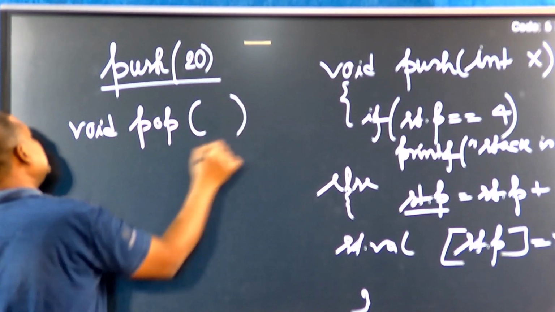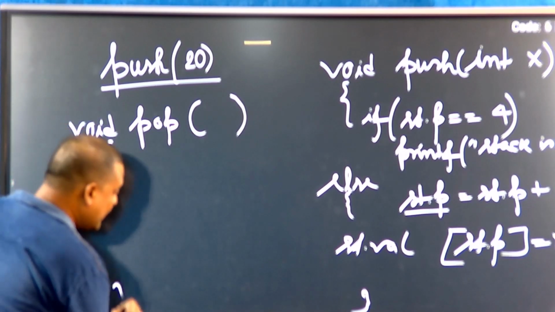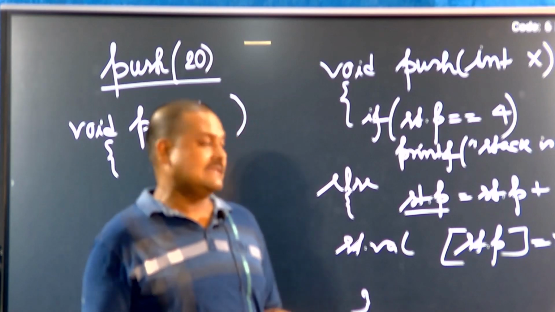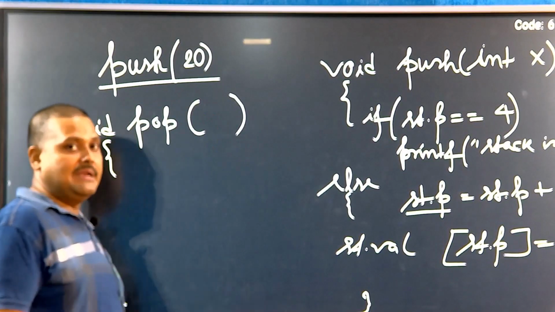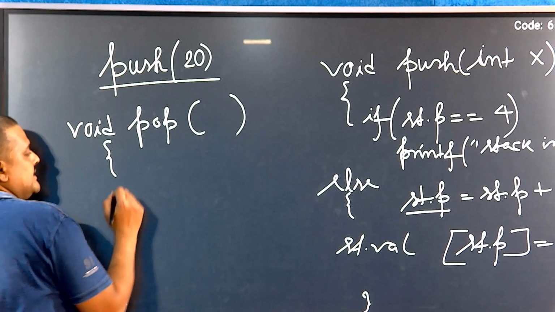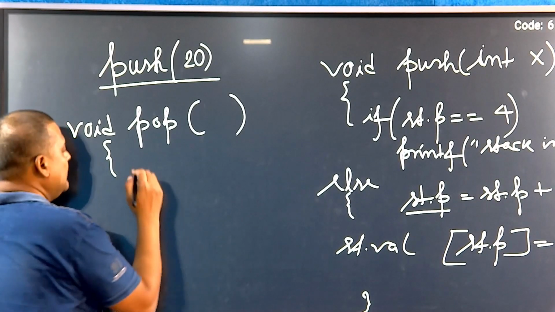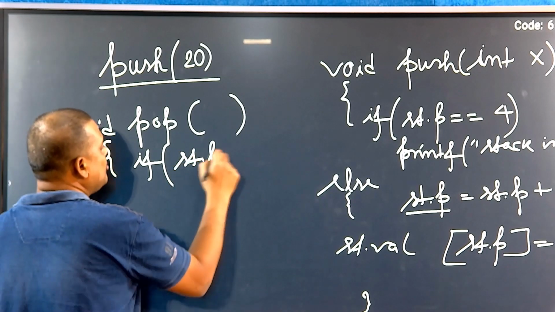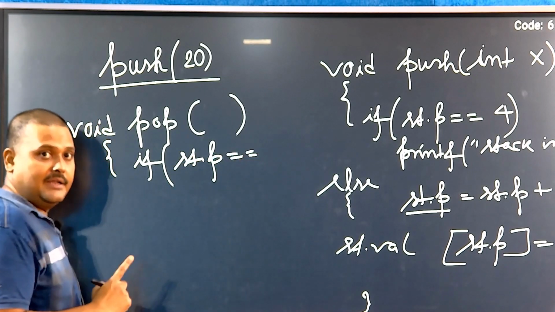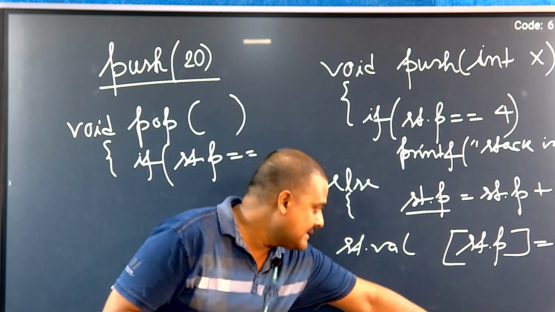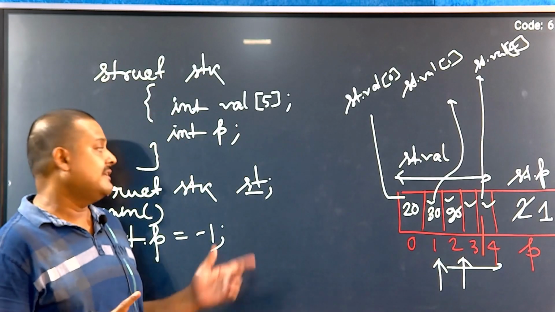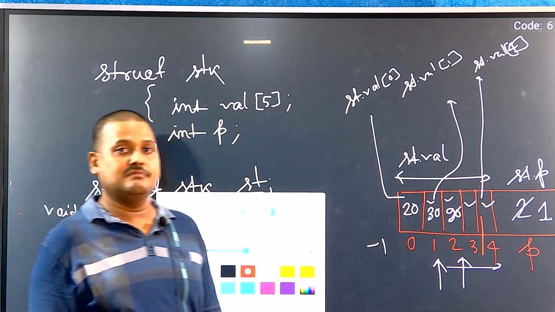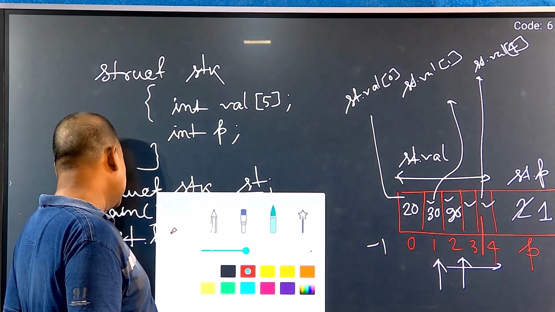Okay. Now, let us have a look at deletion, which is called pop here. Whenever the pop function is called, first we check whether there is an element or not. If there is no element, there is no sense of deleting something. So, how will we check whether the stack is empty or not? We will check if st.p is -1, then we can say this is empty.